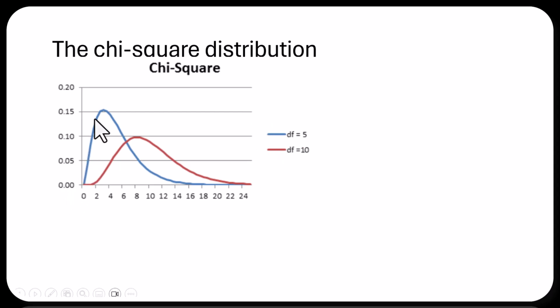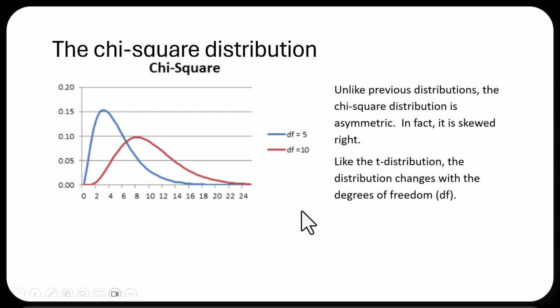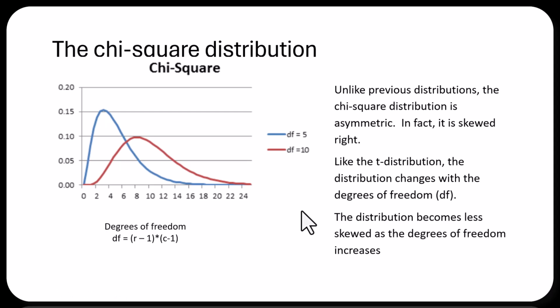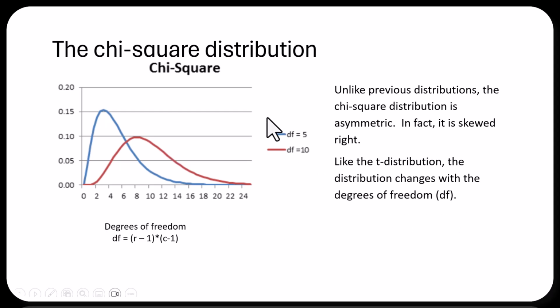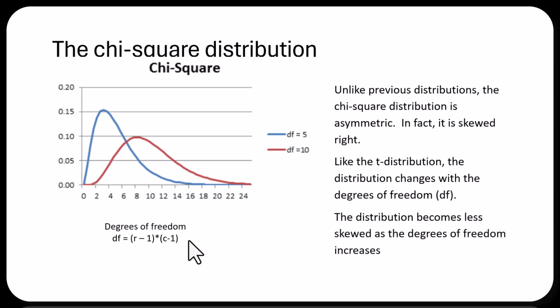And you might notice that as we increase the degrees of freedom, this curve is becoming less skewed. Okay, so if you're wondering, how do you calculate the degrees of freedom for the chi-square distribution? The degrees of freedom is the number of rows minus 1 times the number of columns minus 1. And again, the distribution becomes less skewed as the degrees of freedom increases.